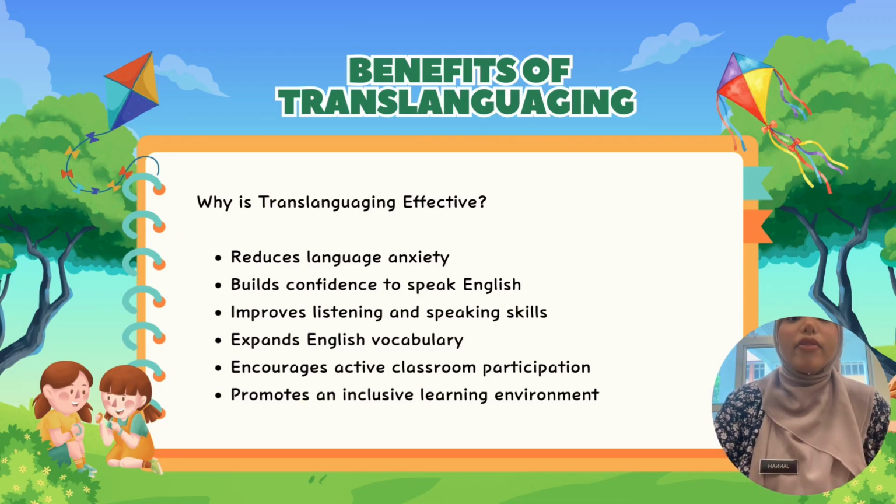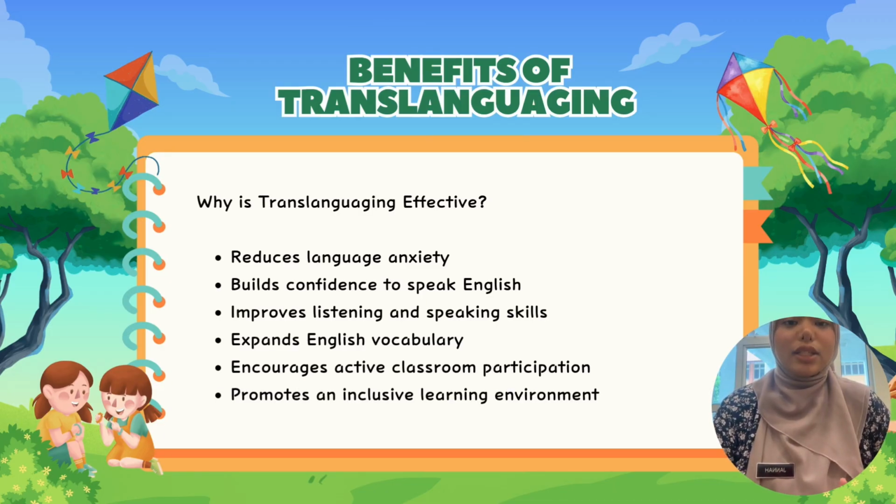Similarly, if a child understands arnab, they can quickly associate it with rabbit. This process of making connections between languages strengthens memory, deepens understanding, and helps children retain new vocabulary more effectively.